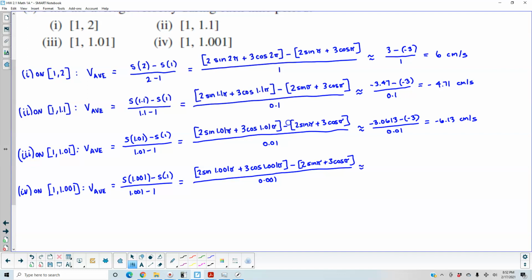So this gives us approximately negative 3.00627 minus a negative 3. Divide that by 0.001, and that gives us negative 6.27 centimeters per second.